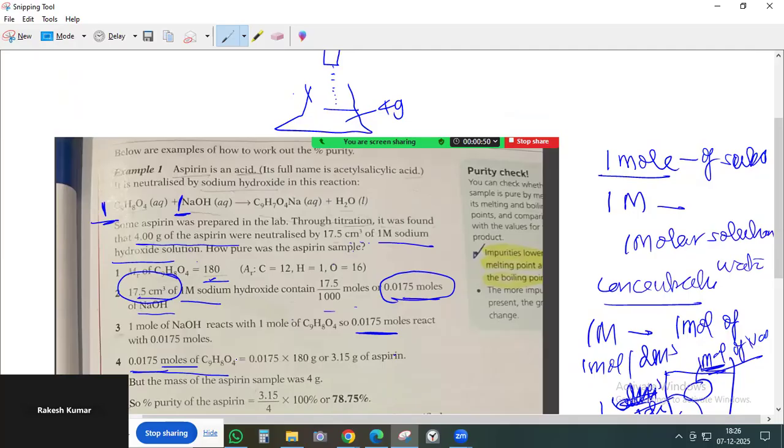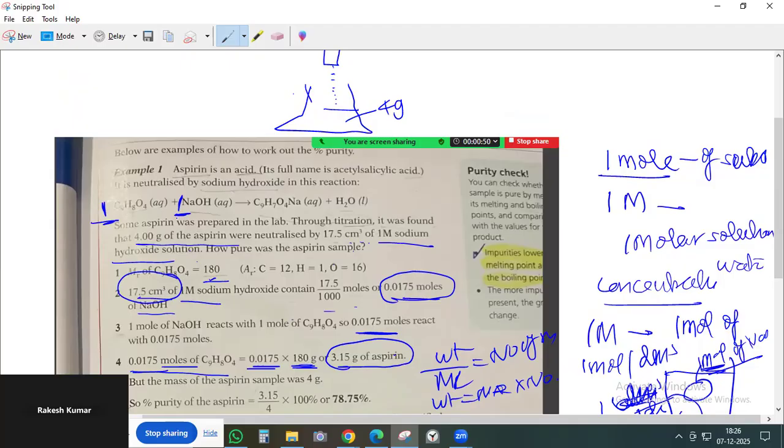I've got the number of moles, I've got the Mr, so I'll get the weight. Weight over Mr is equal to number of moles. So he multiplies the Mr into number of moles, 0.175 into 180, and this many grams is the weight, the mass.